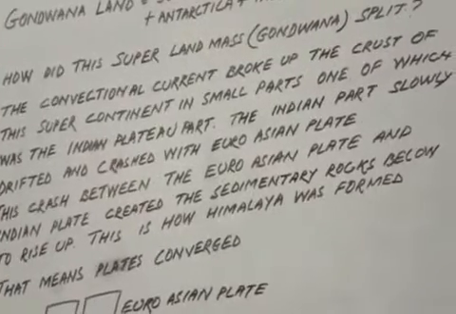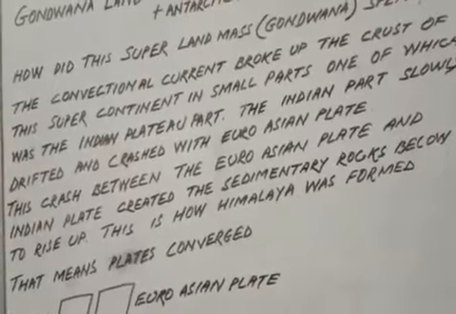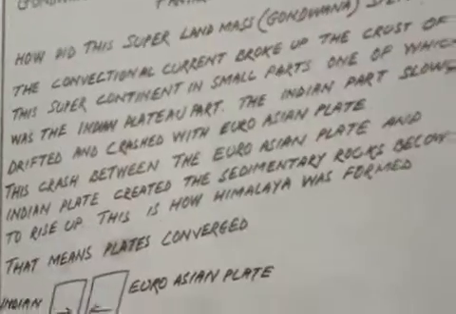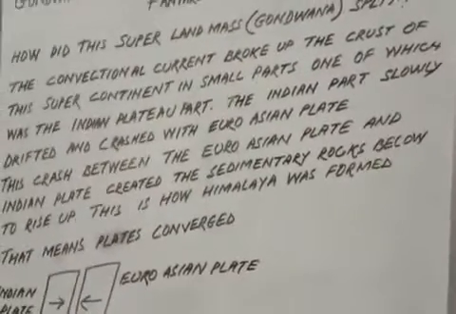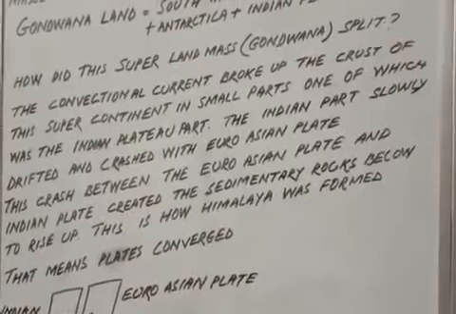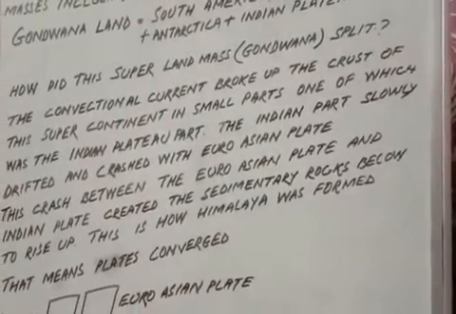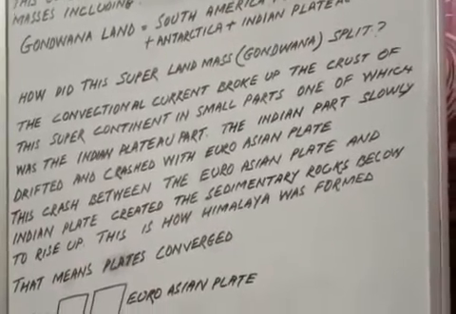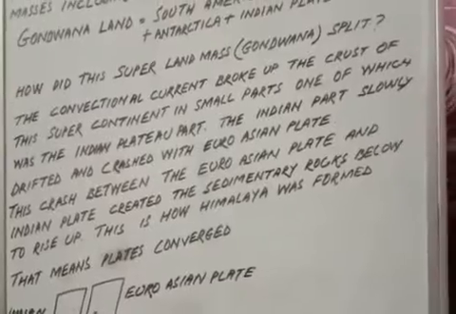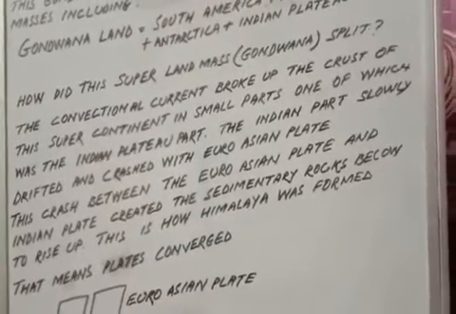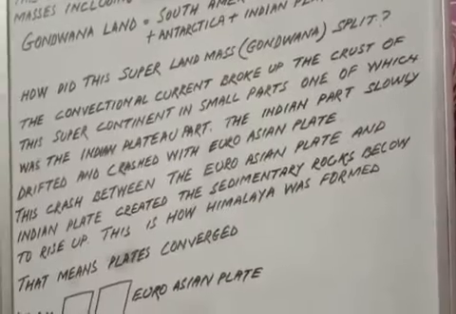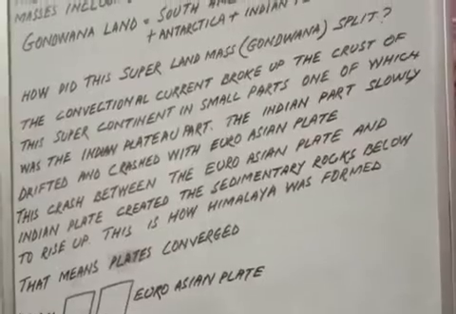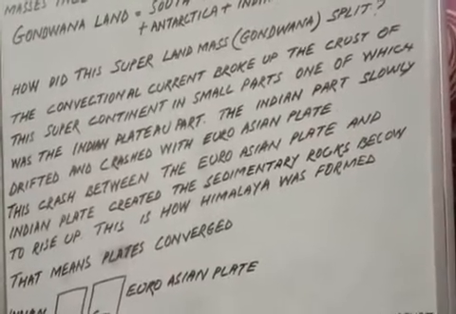The Indian part slowly started floating and it drifted and crashed with the Eurasian plate. In the southern hemisphere, Gondwanaland was located, and in the north, the Eurasian plate was there. As Gondwanaland broke, the Indian part, which was on the northern topmost part of Gondwanaland, started to drift towards the equator, crossed the equator and crashed with the Eurasian plate.